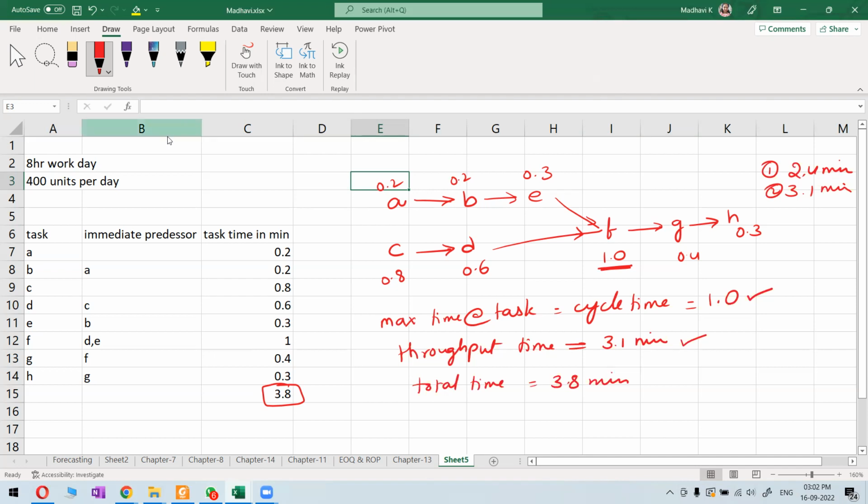Another point to consider is that we have an 8-hour workday and 400 units per day. Based on this information we can also calculate the cycle time, according to our demand. So 8 into 60, because it is in hours and we need to convert it into minutes, divided by 400 is equal to 1.2 minutes.